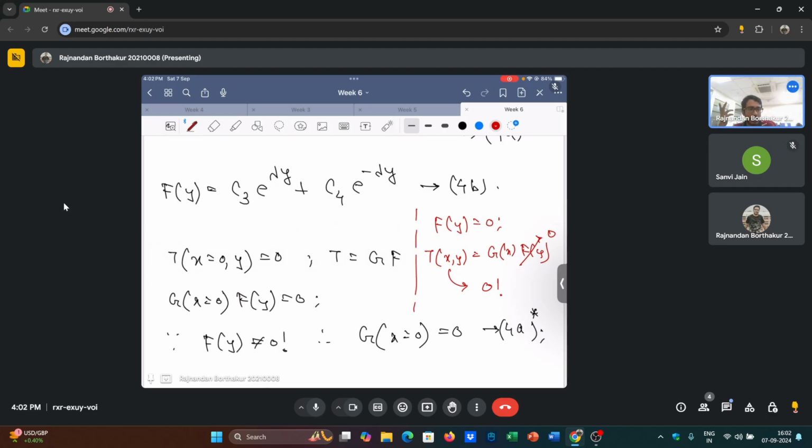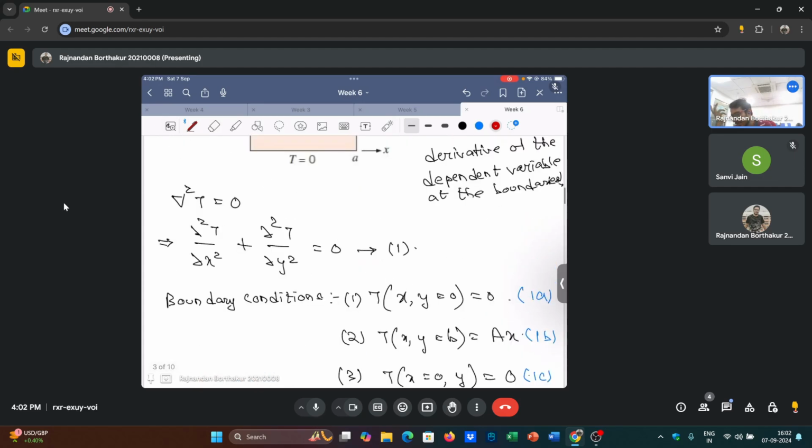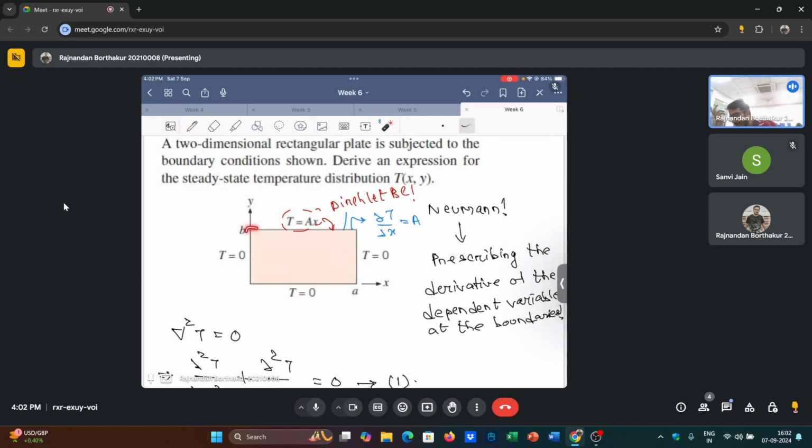But if my temperature is 0, that's not the solution I was looking for, because there is a temperature provided on the face, and I'm saying that my temperature field here is 0. But that is not possible.